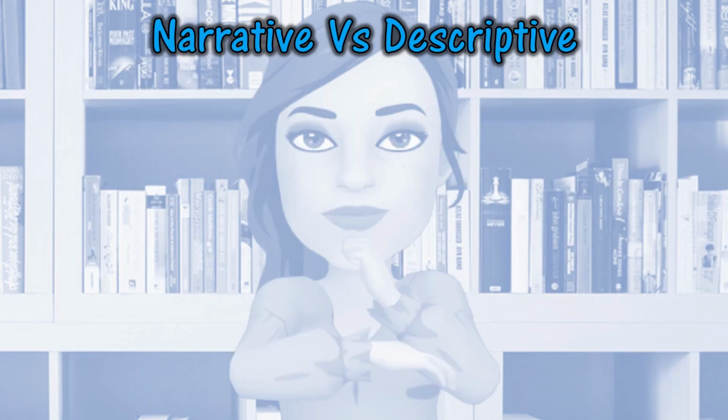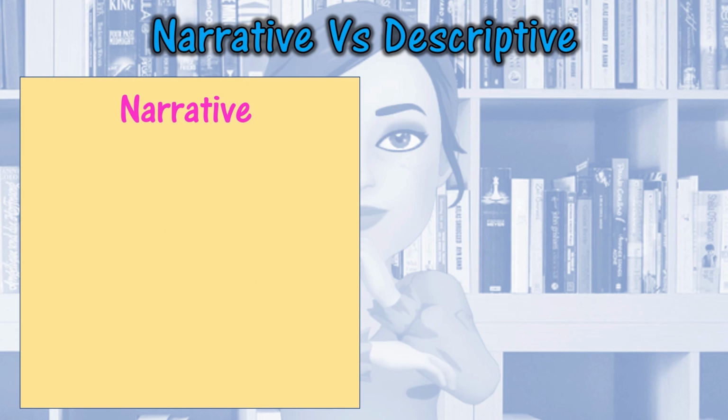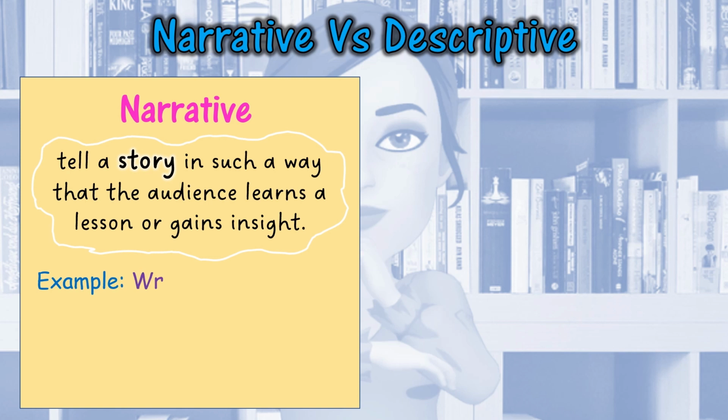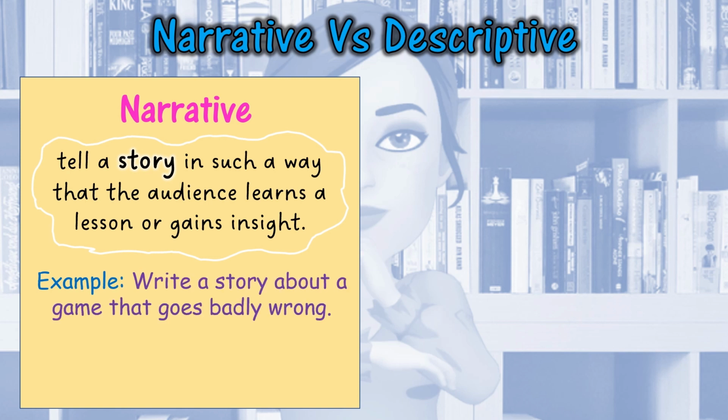So what's the difference between narrative and descriptive writing? Narrative writing is when you tell a story in such a way that the audience learns a lesson or gains insight. An example question could be, write a story about a game that goes badly wrong.